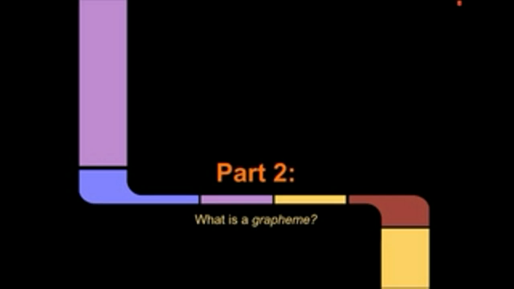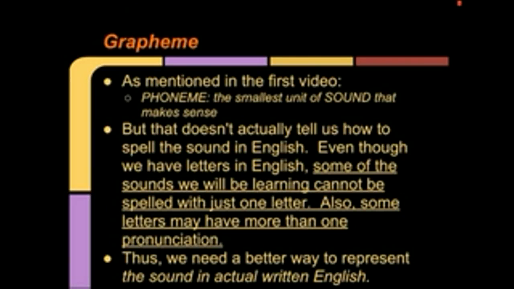Part 2. What is a grapheme? As mentioned in the first video, a phoneme was the smallest unit of sound that makes sense. But that doesn't actually tell us how to spell the sound in English.